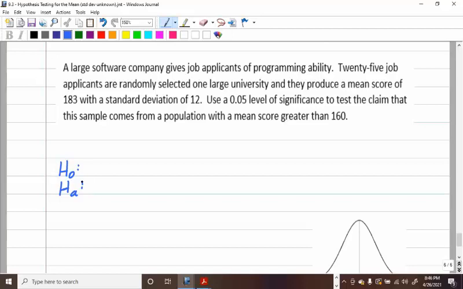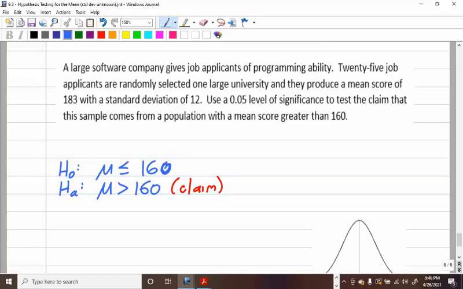Mean greater than 160. So greater than is the alternative, and that'll pair up with less than or equal to as the null.